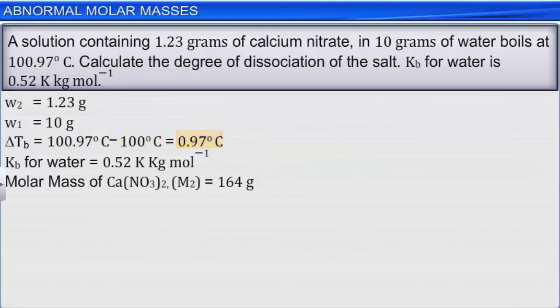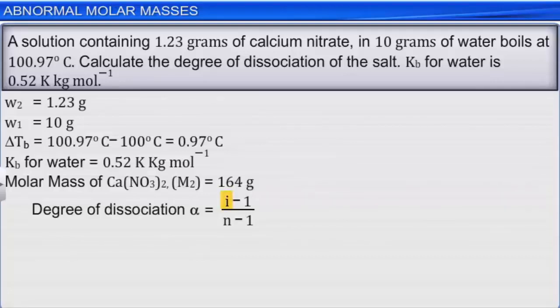Kb for water is 0.52 Kelvin kilogram per mole. Molar mass of calcium nitrate, M2, is equal to 164 grams. The degree of dissociation needs to be calculated. For finding the degree of dissociation of the salt, we first need to calculate Van 't Hoff's factor, i.